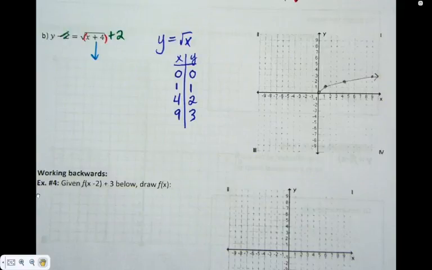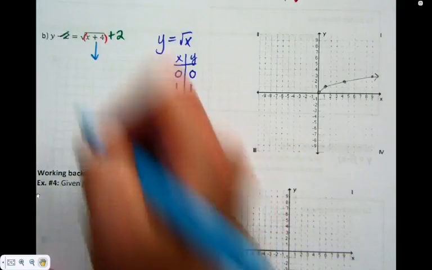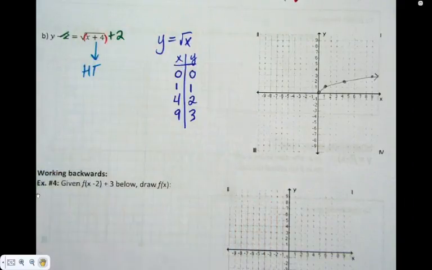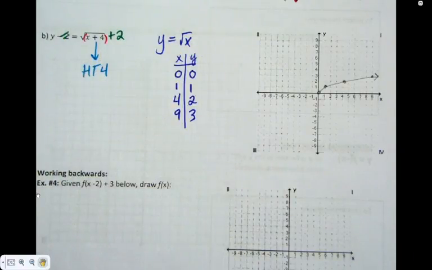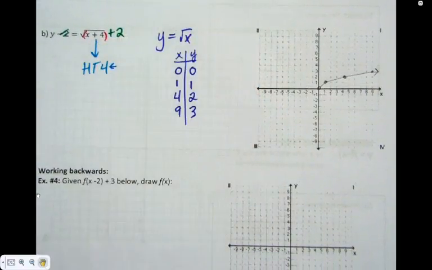So knowing that, 4 is what kind of translation? Horizontal translation because it's inside the brackets that we don't really write. Because it's inside the brackets, it is 4 units to the left. The plus 2 that I put there, it is outside any kind of brackets, or outside the square root all by itself off to the side.